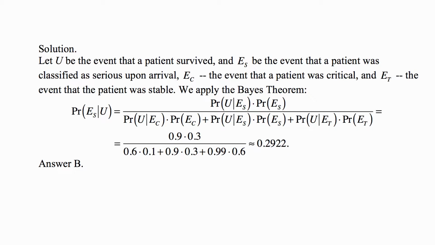divided by the sum of all probabilities, just like the one in the numerator, but for all pieces of the partition of the probability space. And the probability space is divided here into patients that are serious, patients that are critical, and patients that are stable. These are all possibilities.